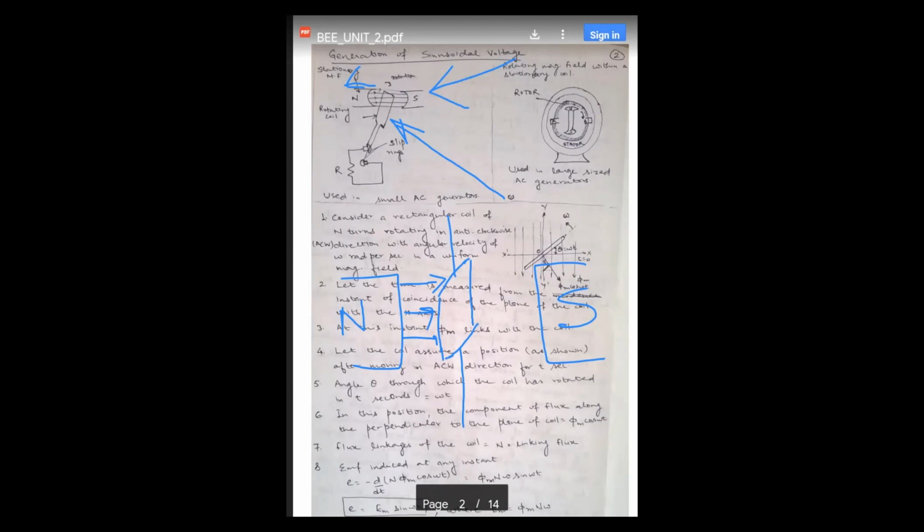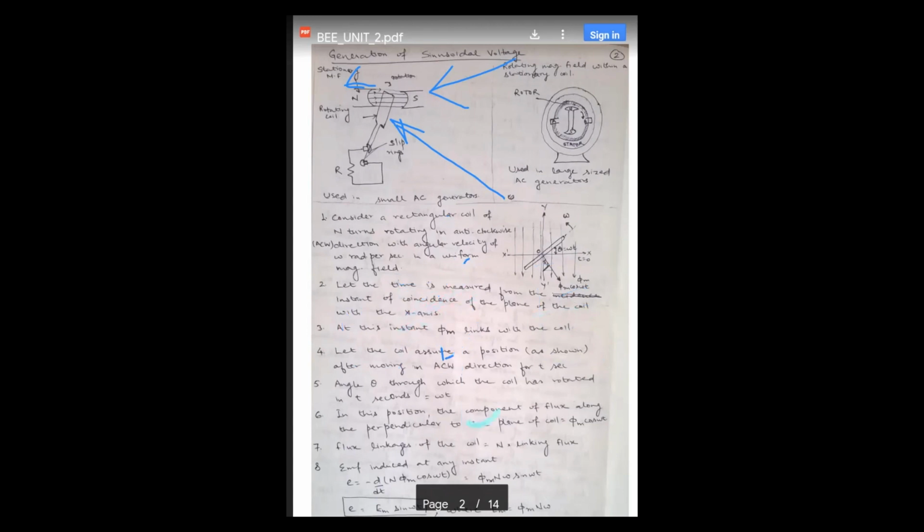When it moves, the flux lines coming from the north pole go to the south pole, and this flux cutting takes place. Based on this flux cutting, EMF will be generated. This is the principle used in small AC generators.